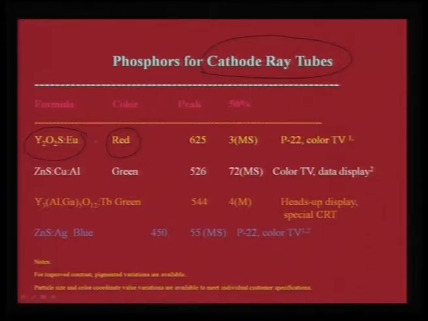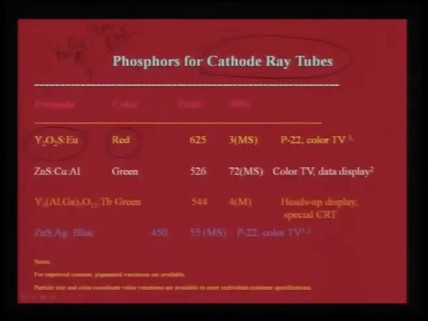In fact, yttrium oxide with europium also gives the same 625 nanometer emission, but a proportion of sulfur into oxygen is always recommended because it improves the sharpness and it restricts the degradation. Therefore, yttrium oxysulfide is preferred, and as you would see here, the other group which has really taken the show in CRT application is zinc sulfide.